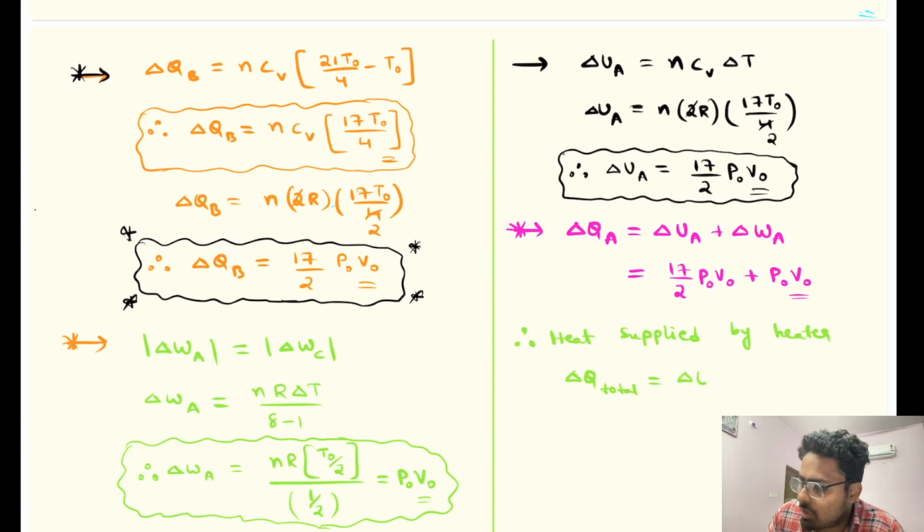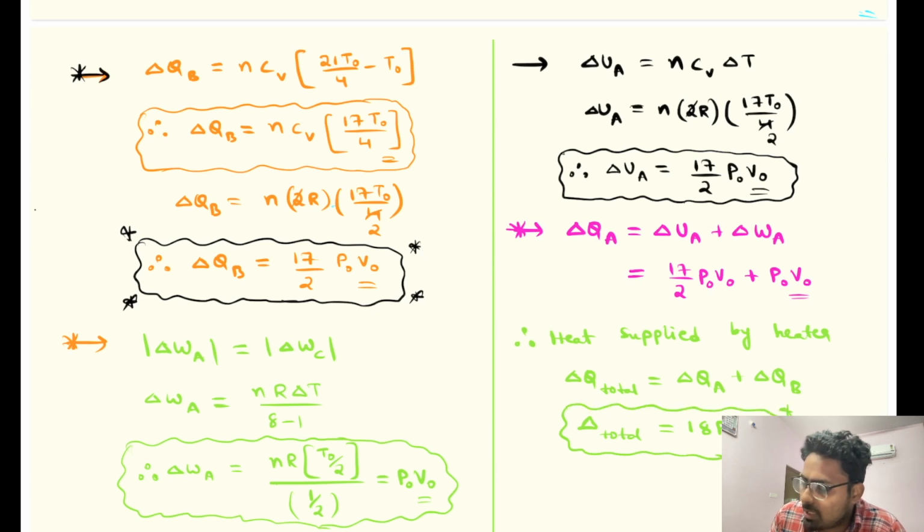Some amount of heat is stored in compartment A, some is supplied to compartment B. When I add those two, 17 by 2 plus 17 by 2 is 17, plus P naught V naught. So the answer is 18 P naught V naught. This much amount of heat will be supplied by the heater.